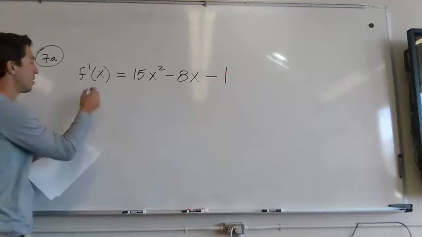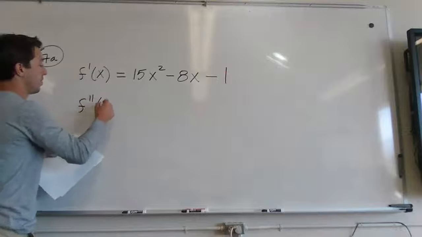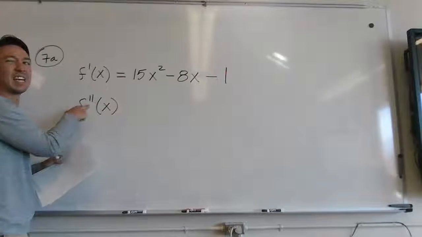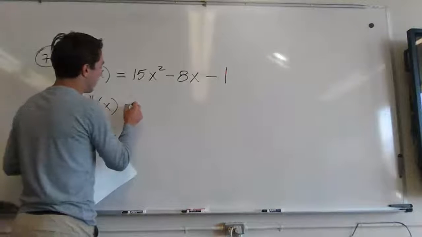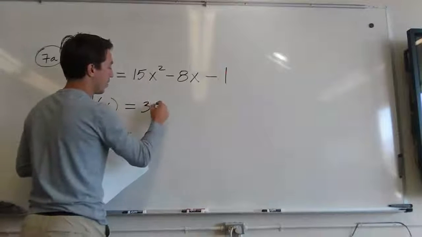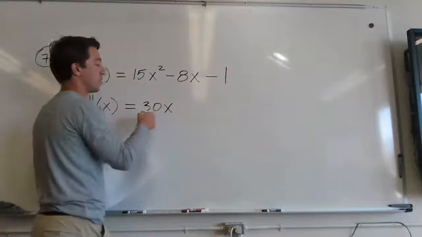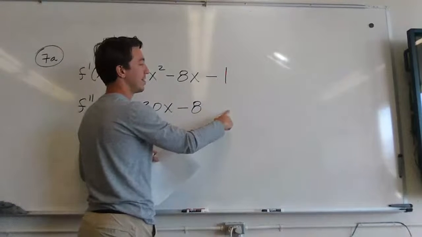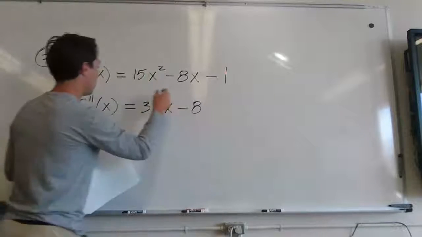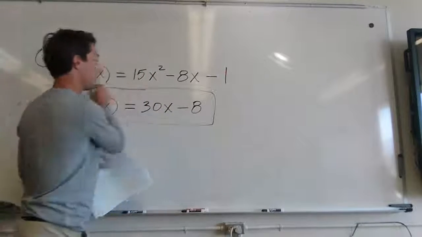The second derivative, or f double prime, that's how you say it, would be 30x minus 8 minus nothing. So there's your answer.